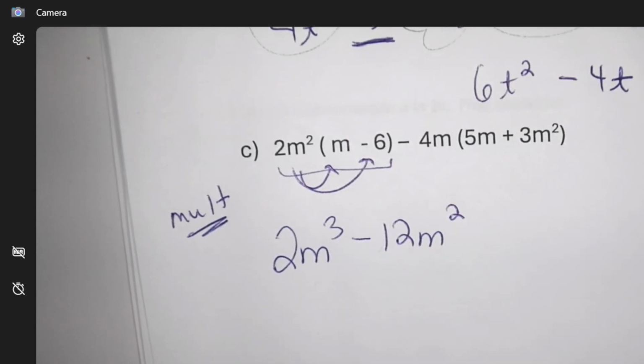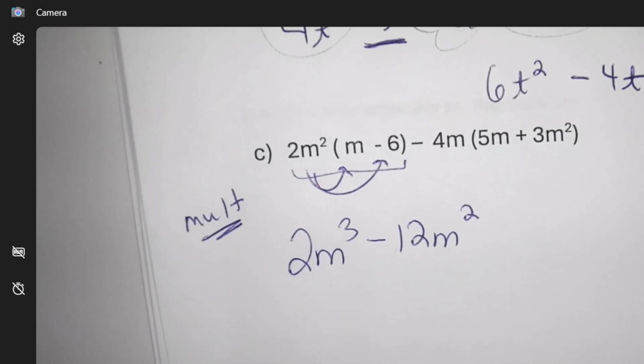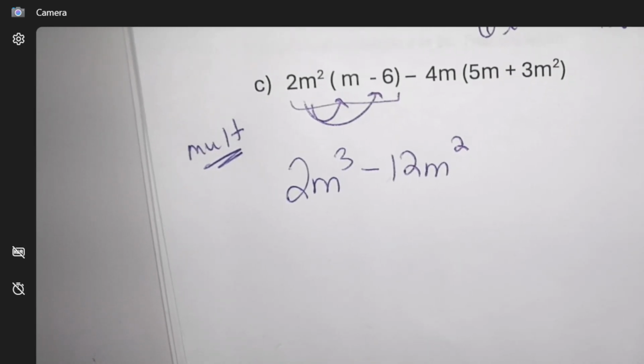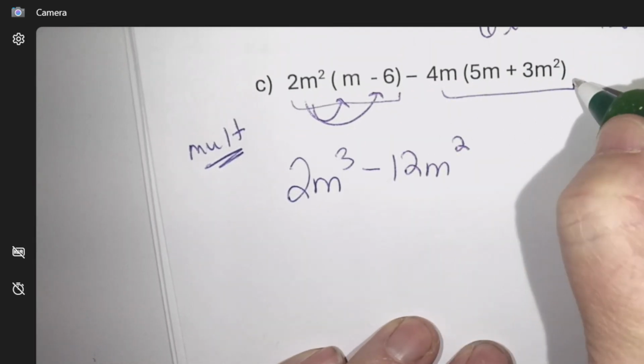Okay, and then look at my board when you're done. How did it go? M goes with the 2. Good? Okay.